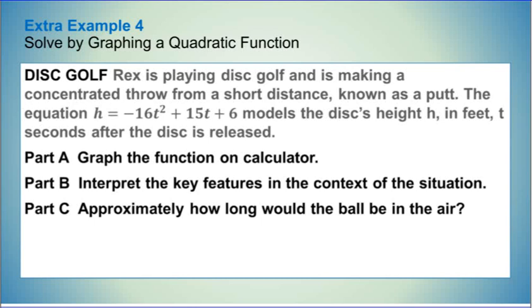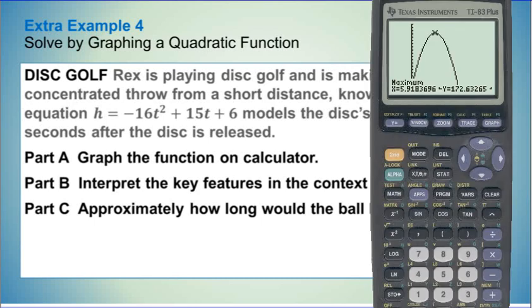So let's grab our calculator again. Go to the y equals. Going to change this to negative 16x squared plus 15x plus 6. And I should be able to keep everything else the same, but maybe now change the window settings.